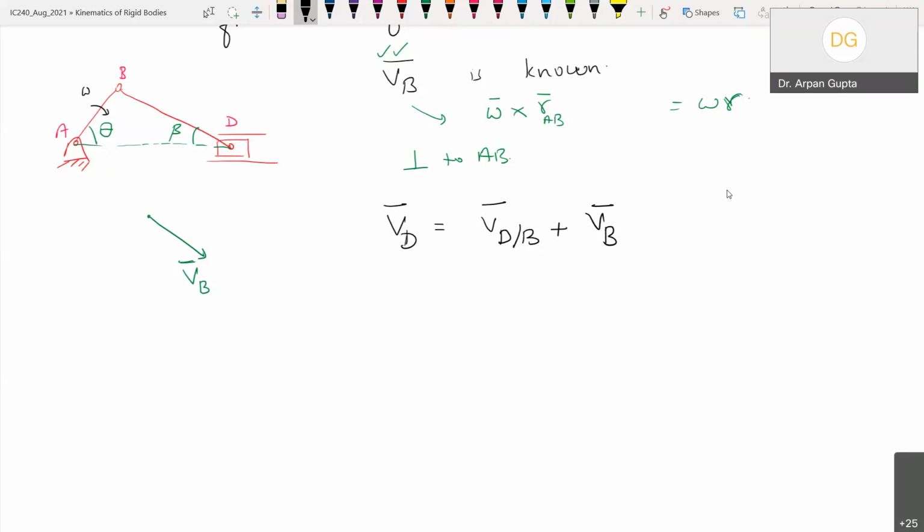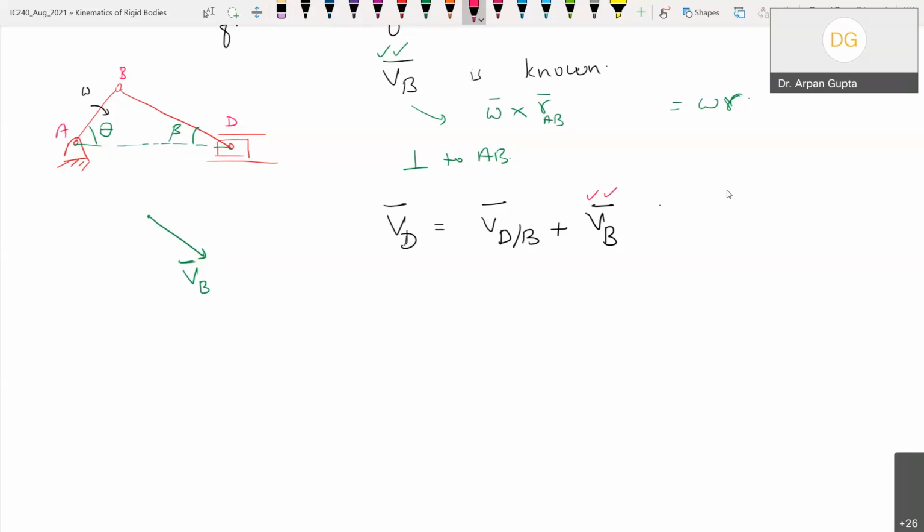The velocity of point D can be expressed as the velocity of point D when observing it from B plus the velocity of point B, which is known. In this vector equation, this term we know completely, and we have drawn it here as well.